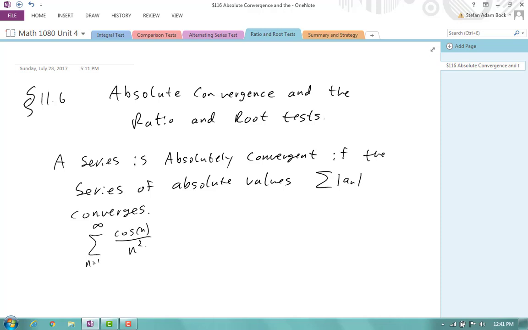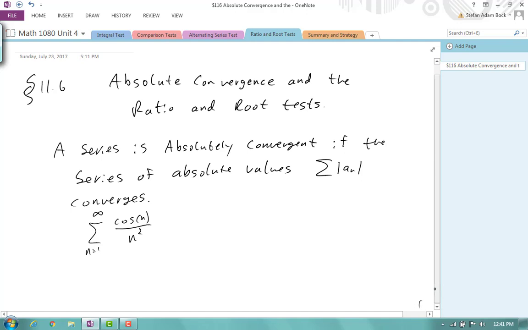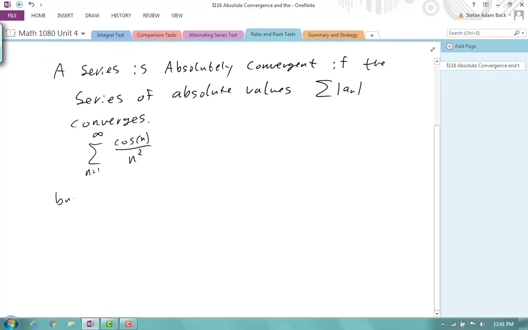But what I can do is compare it if I take its absolute value. This is a positive term sequence, and since cosine is between negative 1 and 1, the absolute value of cosine will be less than 1, but still greater than 0.